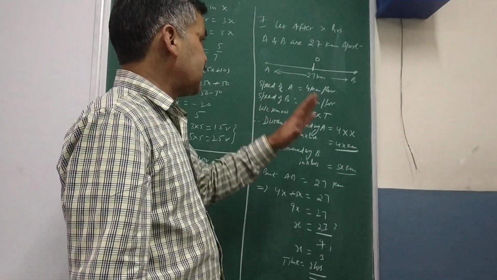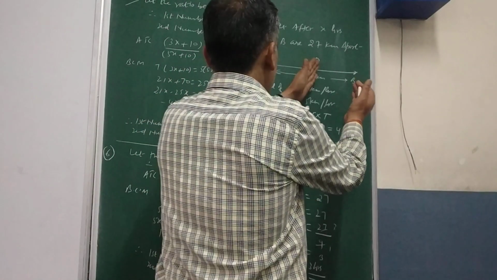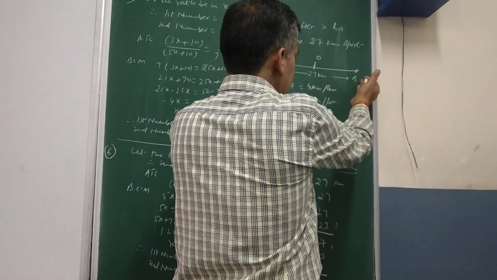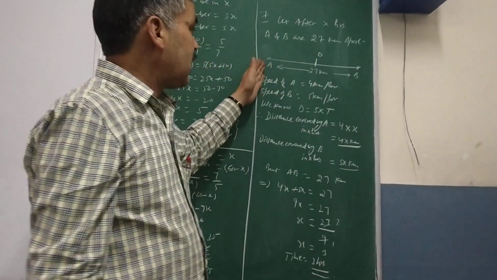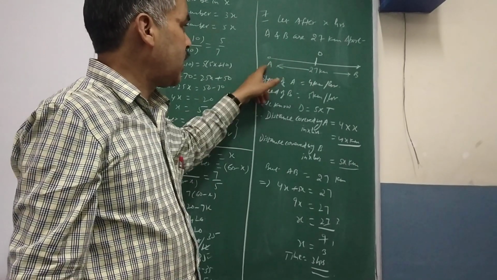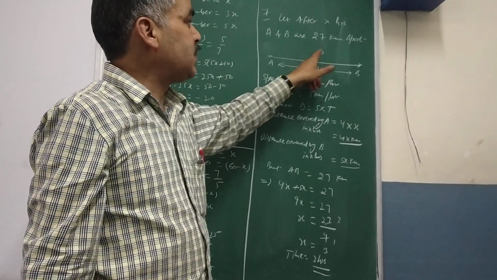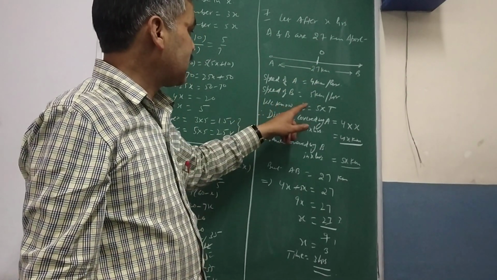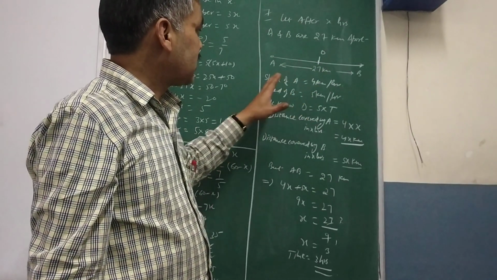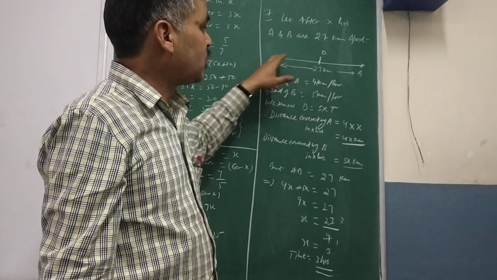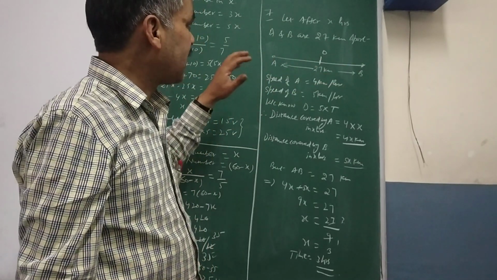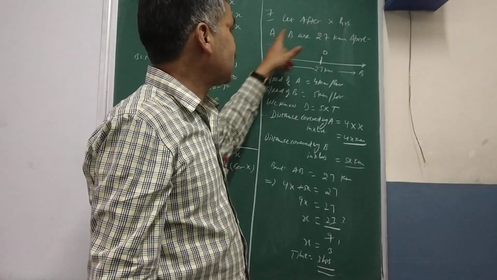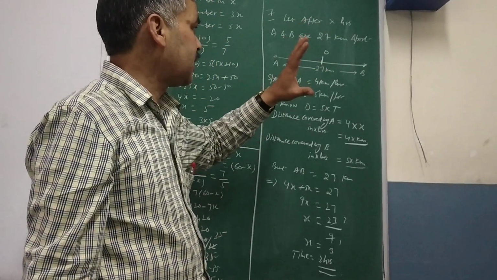So after x hours, suppose A has reached here and B has reached here, the distance covered by A in x hours is OA and the distance covered by B in x hours is OB. I have assumed that after x hours A and B are 27 km apart.